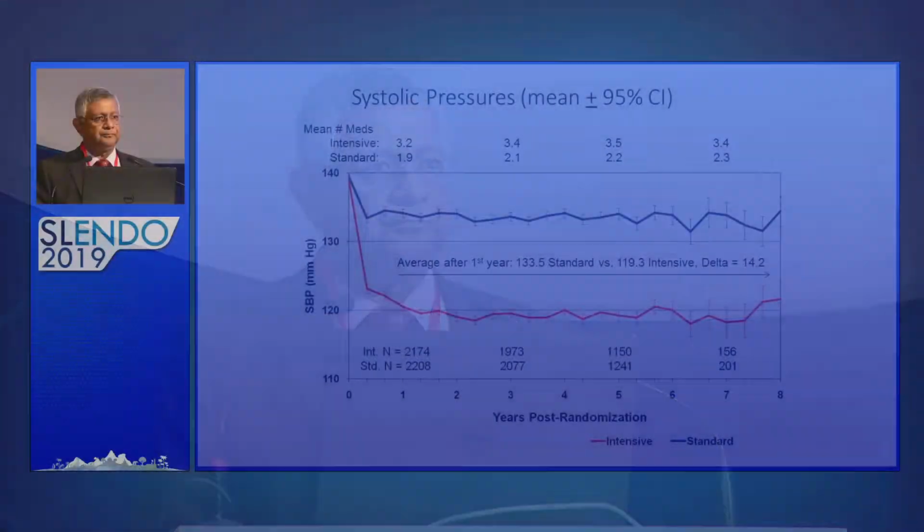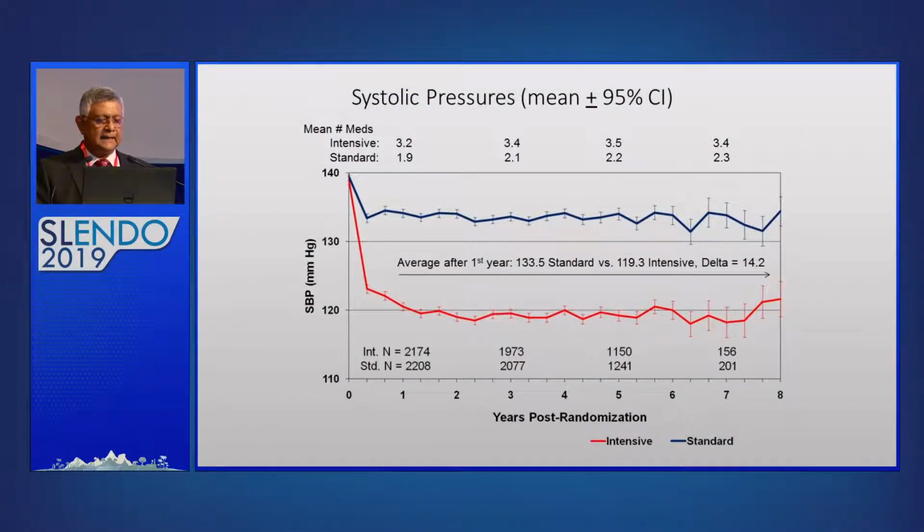The pressures achieved with intensive and standard treatment are shown in this graph. The intensive treatment almost reached 120 or lower, and the standard treatment patients were between 130 and 140.